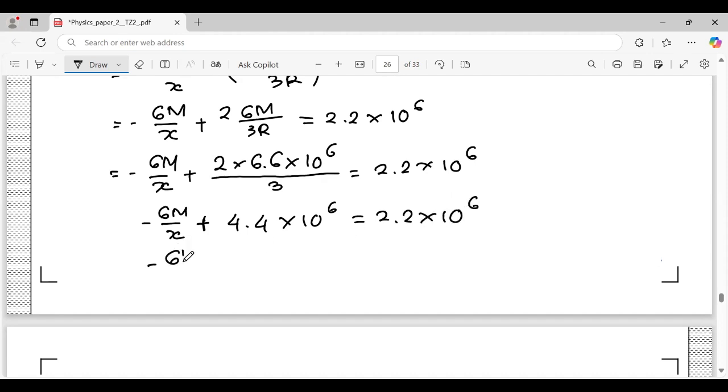So minus GM over x equals 2.2 times 10 power 6 minus 4.4 times 10 power 6.